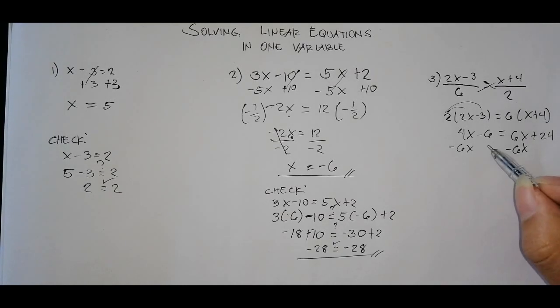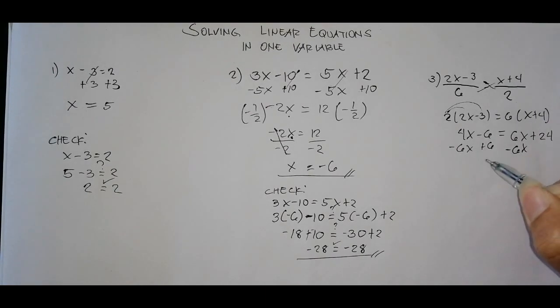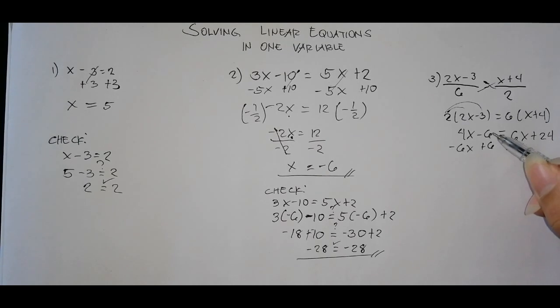Next, we have here a constant, so I need to transfer that on the other side. So I'm going to add 6, to remove negative 6 here, and the same with the other side, I should add 6 here.